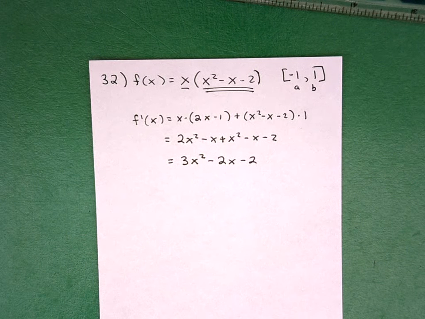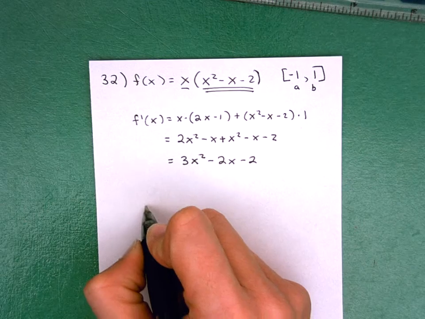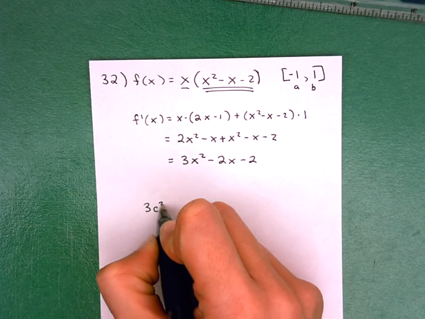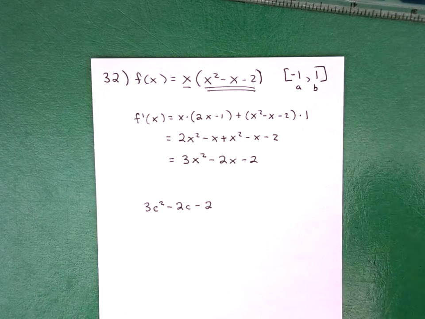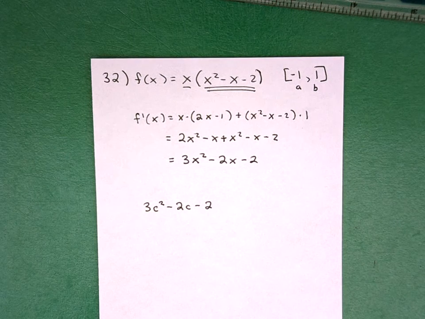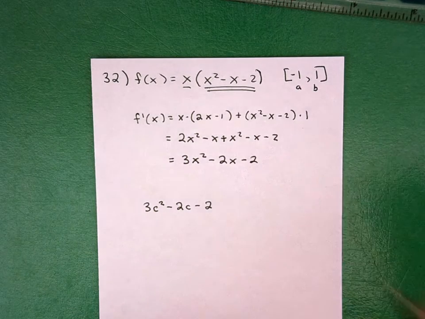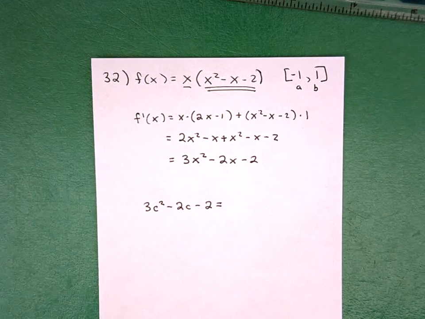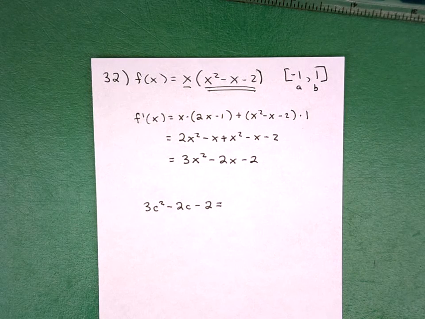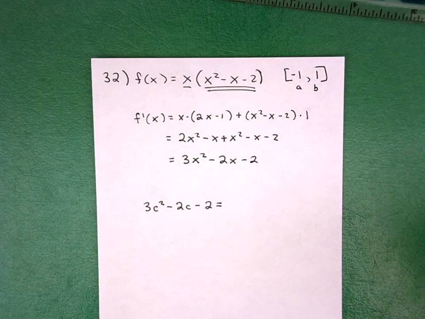Okay, so once I've checked those, I can go ahead and start using my mean value theorem, which starts off with f prime of c. Well, this is f prime of x, so f prime of c is 3c squared minus 2c minus 2. Then we're going to set it equal to f of b minus f of a over b minus a. F of b, my b in this case, is 1.